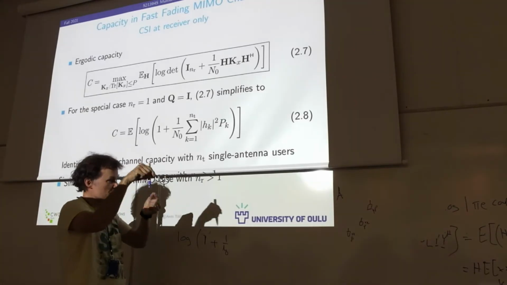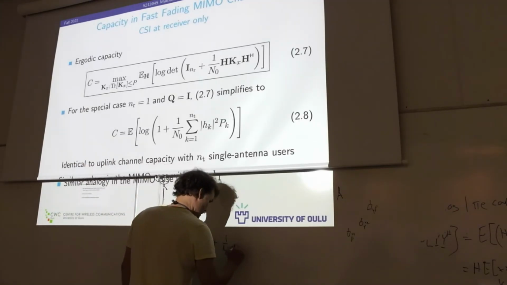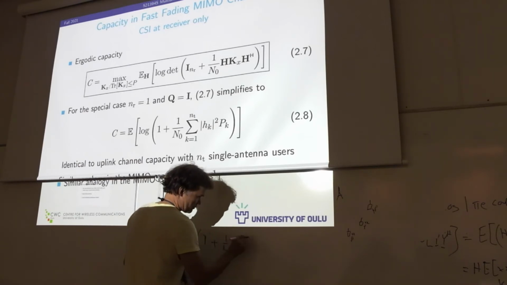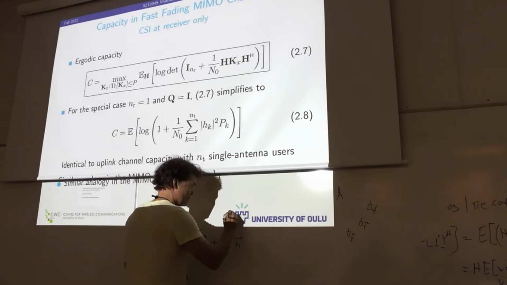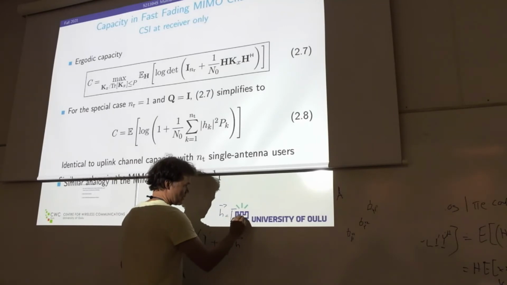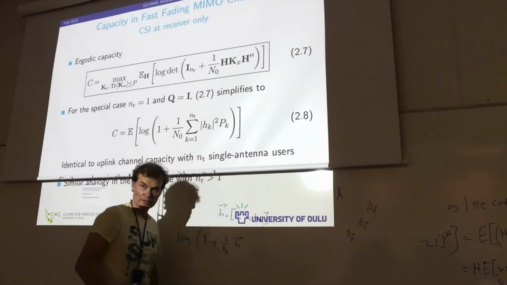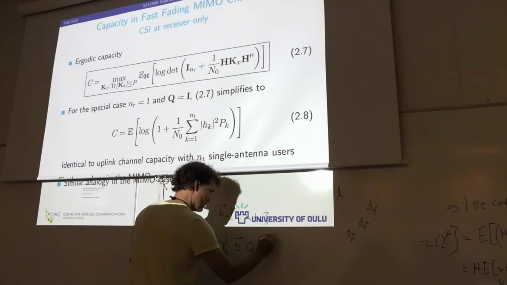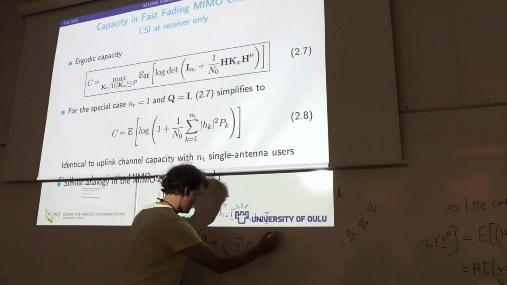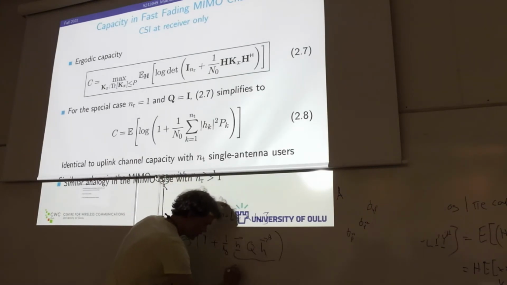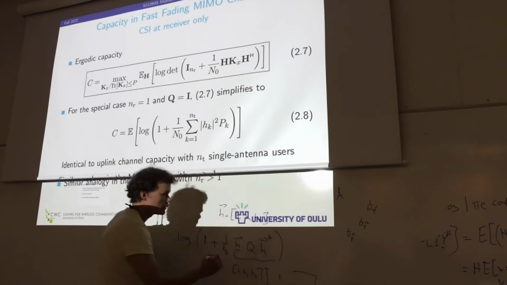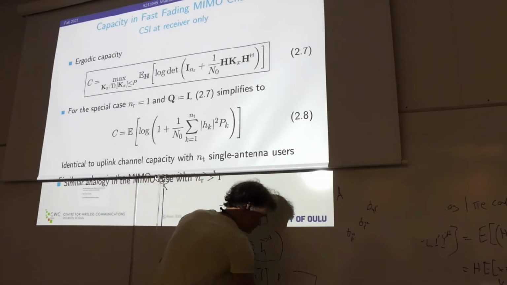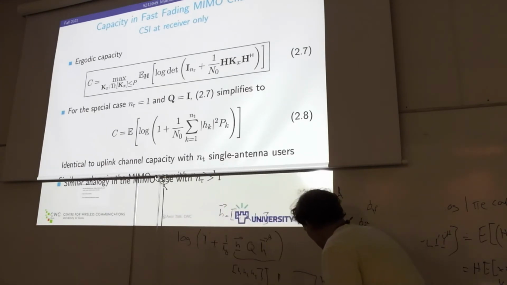Now H becomes a 1 times N_T row vector, H1, H2, H3, and so forth, for 3 transmit antennas, times Q. If you look at this closer, you have H1, H2, H3 times the identity matrix, times H1 complex conjugate, H2 complex conjugate, H3 complex conjugate.